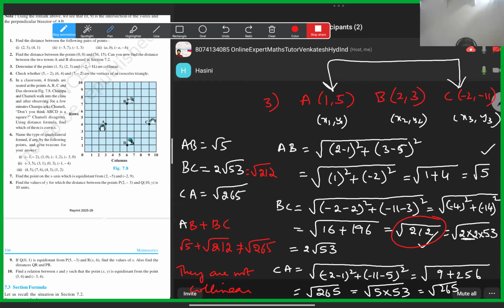So finally, the third one: the given points are not collinear. Yes, we can say not collinear, or non-collinear points also.